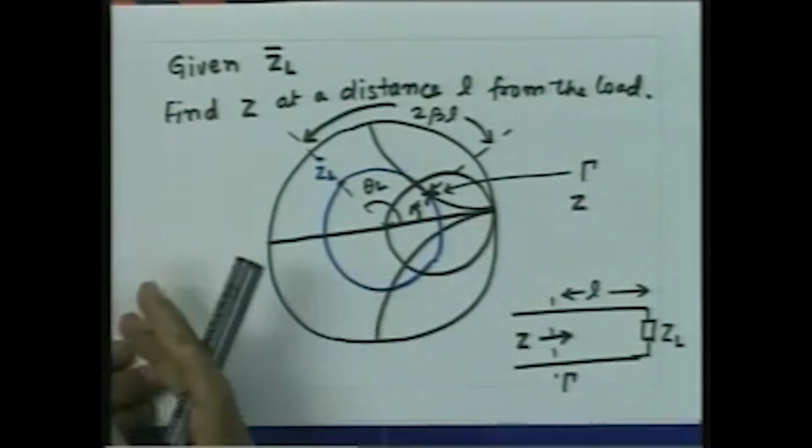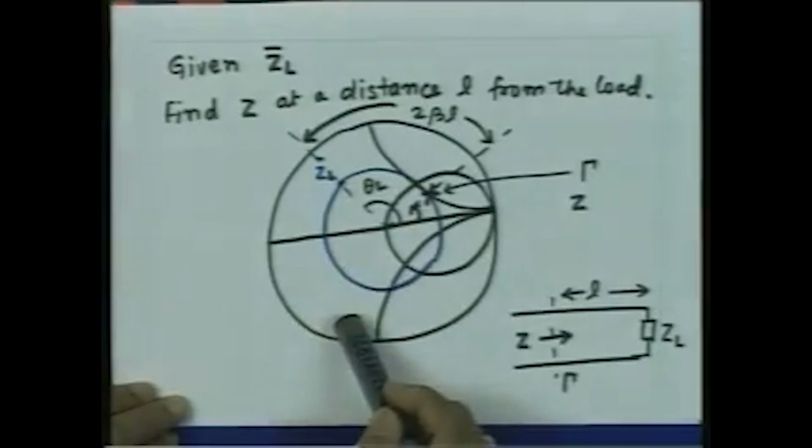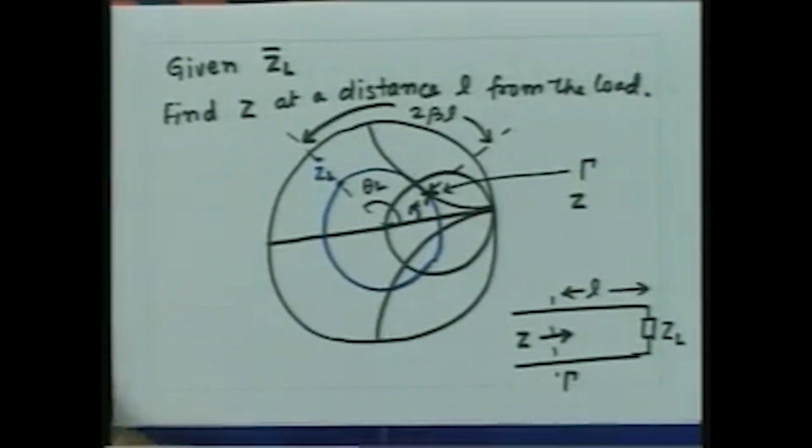So, in the general case, I might move in the clockwise direction or in the anti-clockwise direction, and that will depend upon whether I am moving towards the generator or away from the generator. Let me again mention that the sense of rotation in impedance transformation calculation is extremely important, because that tells you whether you are moving towards or away from the generator.